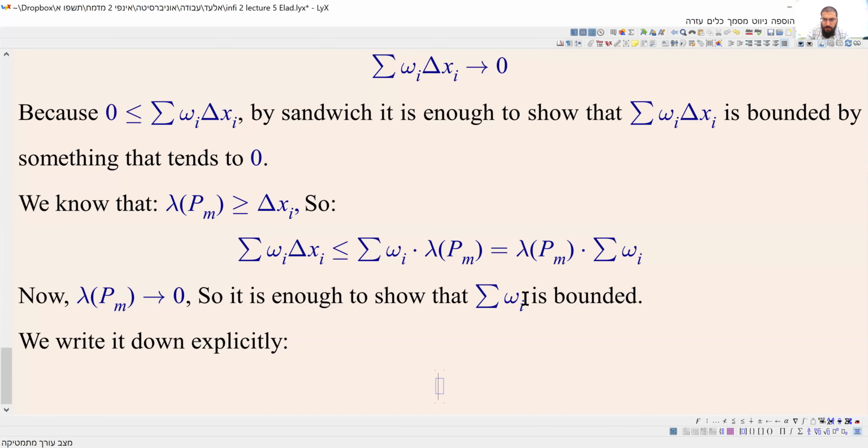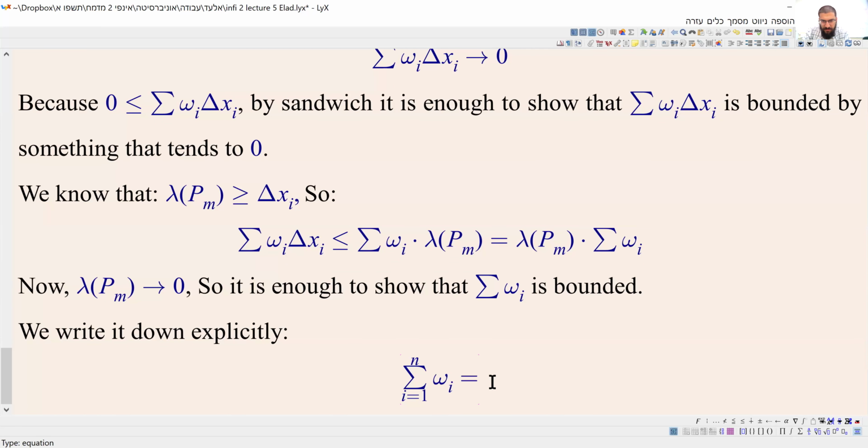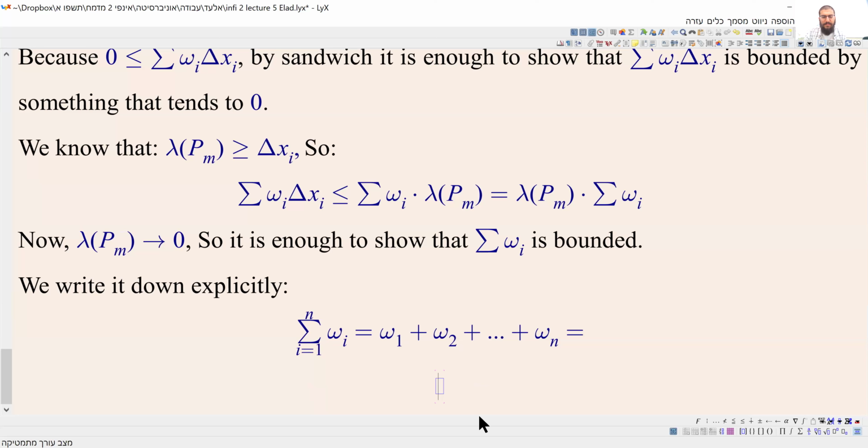Sigma of omega I. Let's add some indexes so we have something to refer to. The sigma of omega I is omega 1 plus omega 2 plus omega 3, and so on up to omega n, and every omega is a sup minus an inf.